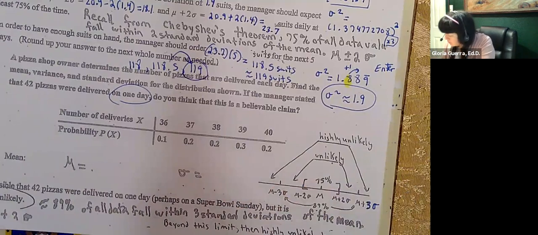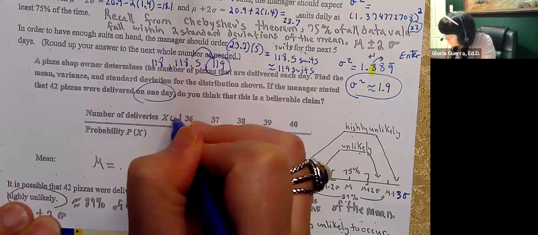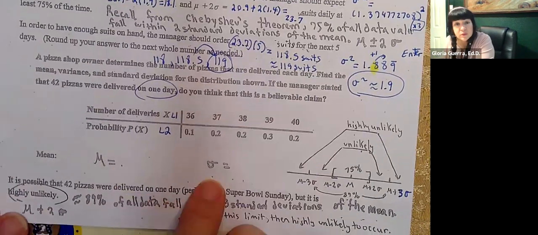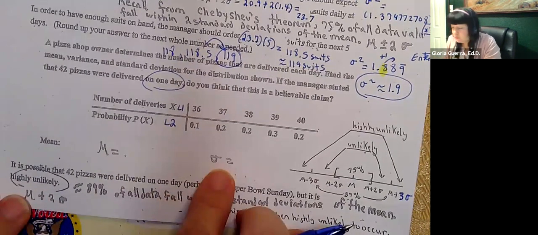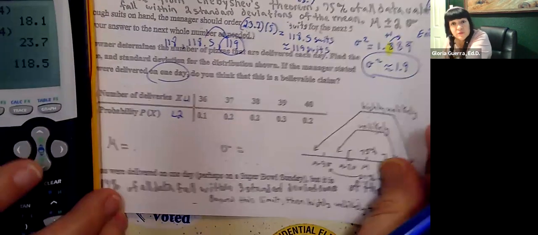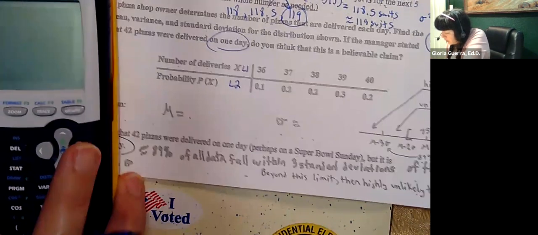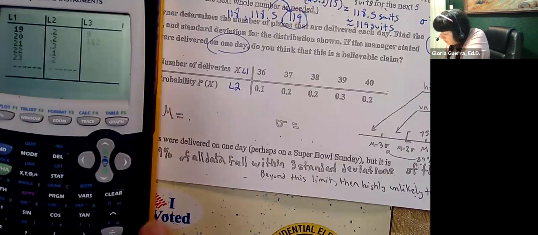So let's put this in L1 and L2, find the mean and the standard deviation, and then the variance. I keep forgetting the variance. I left off the symbol for variance there. Okay, so let's do that. Stat, edit, clear.